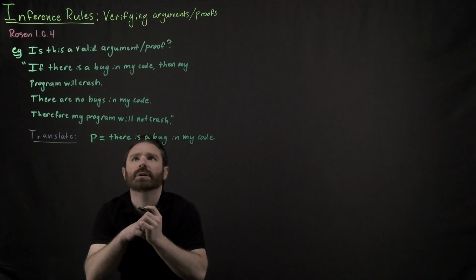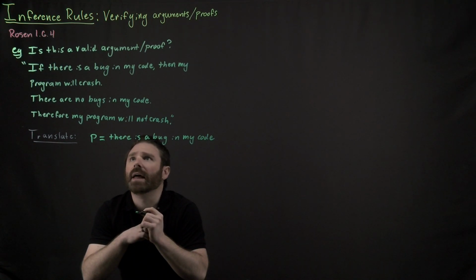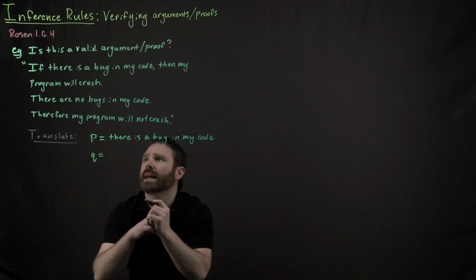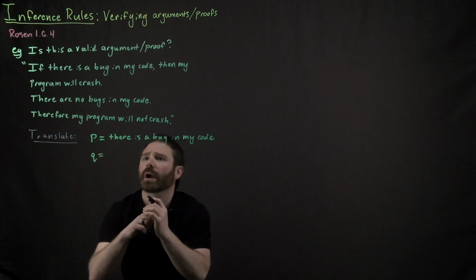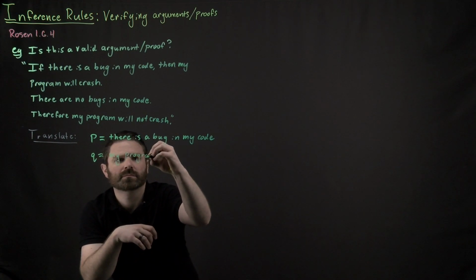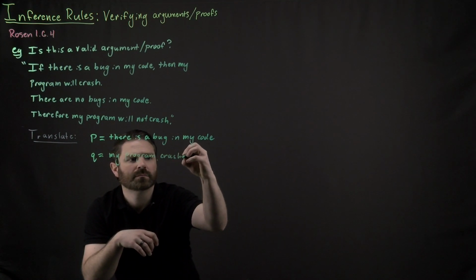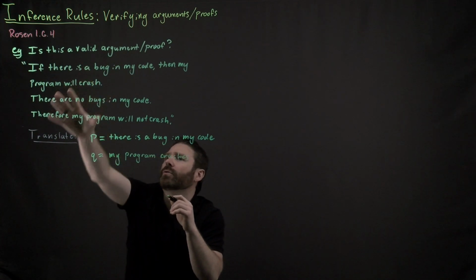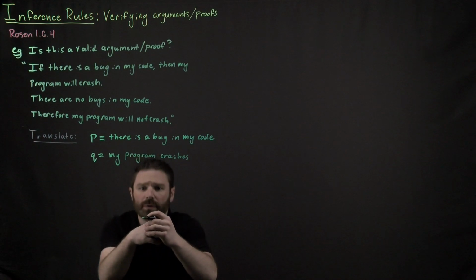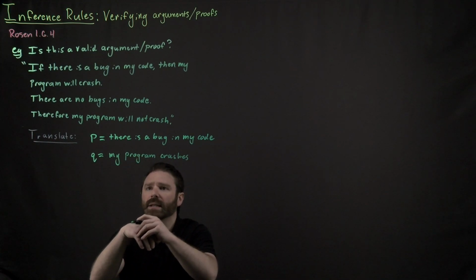There's a bug in my code because I see that right there. And then Q, I'm going to let that be, well, program crashing. And if I look through this paragraph right here, I see those are the only two variables that I need, only a P and Q.